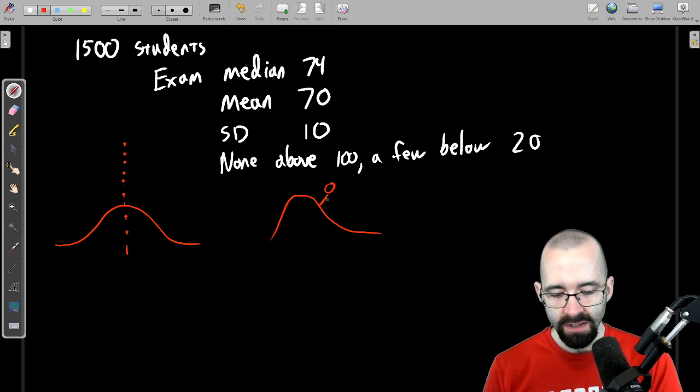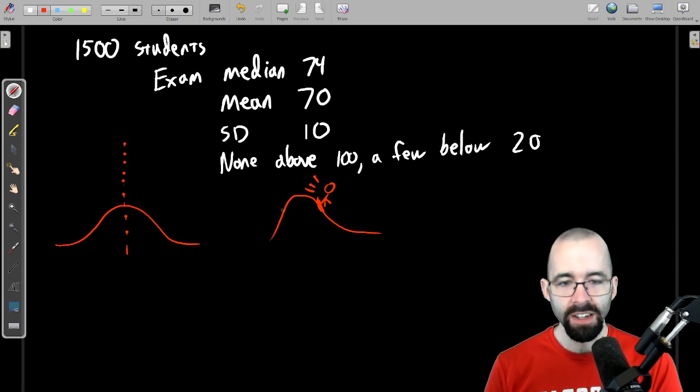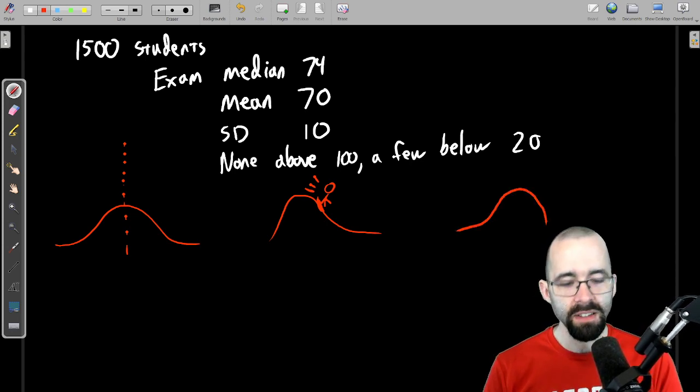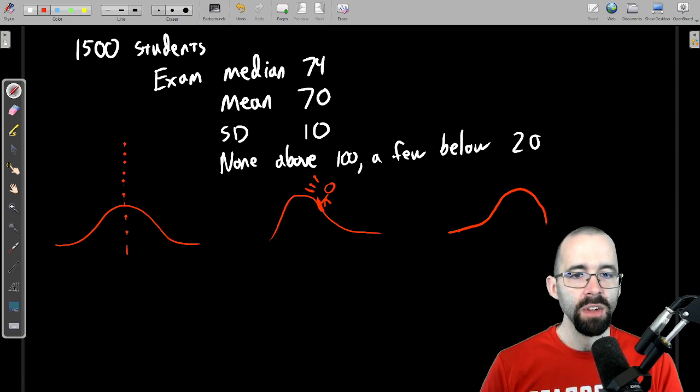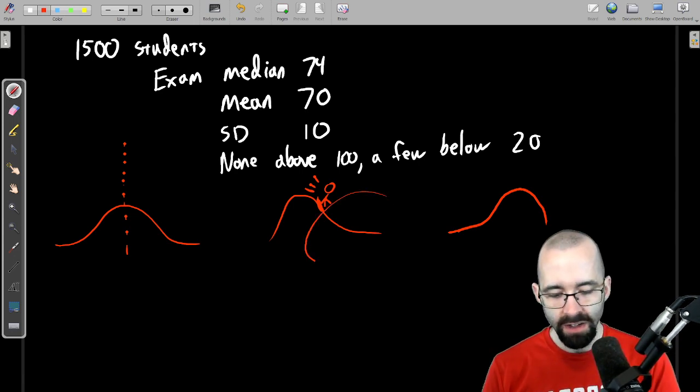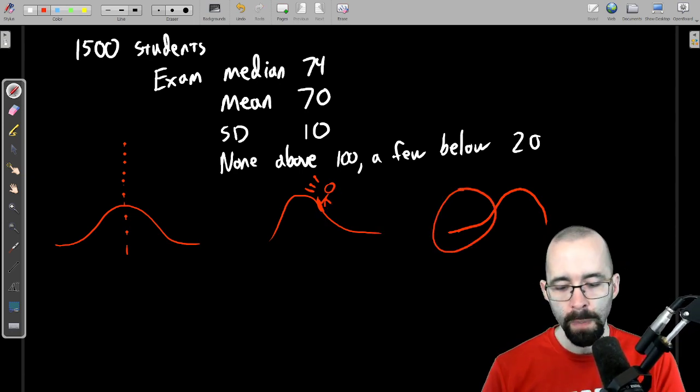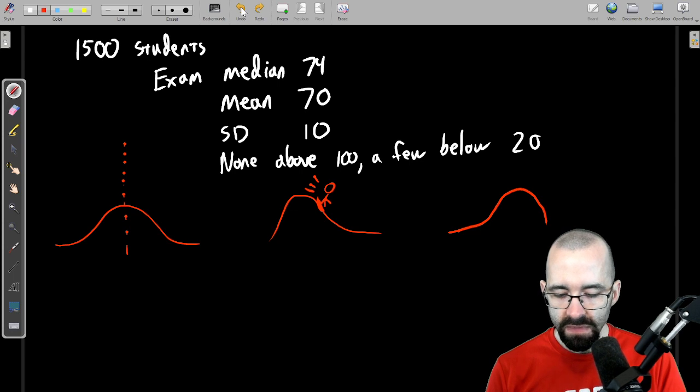Someone's skiing downhill. Which way are they going? They're skiing to the right. You don't want to ski on the left, you're going to die. Or left skewed would be the opposite. The tail is on the left. Remember, left and right doesn't talk about the hump. It talks about the tail. This is the tail. Is the tail on the left or the right? Okay. So, which one is this?